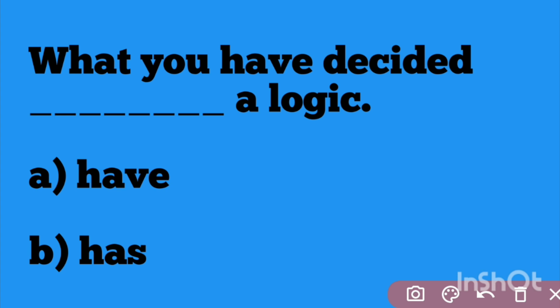Friends, think about the structure here. What you have decided, blank space, a logic. So my dear friends, look at this part. What you have decided, it is the subject of this sentence. A logic, it is the complement.